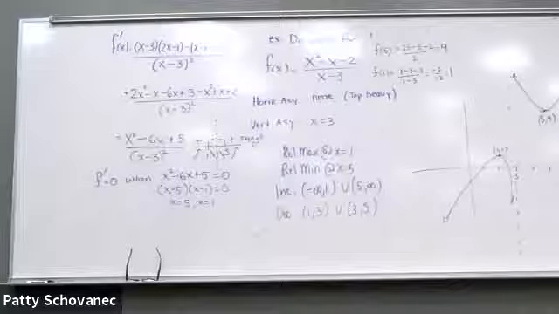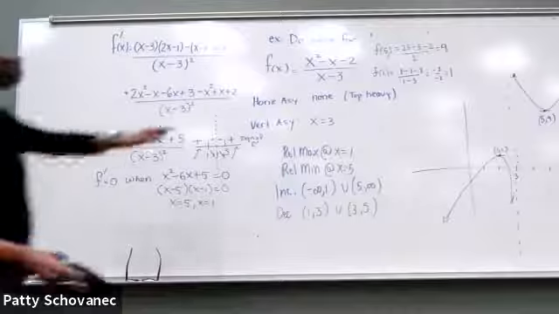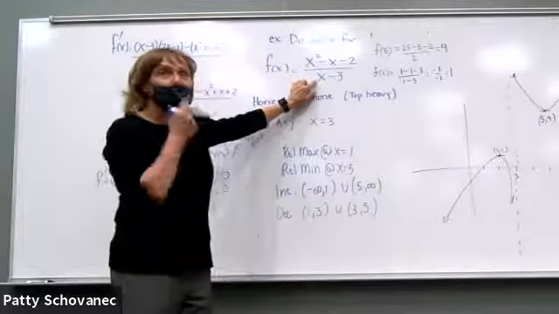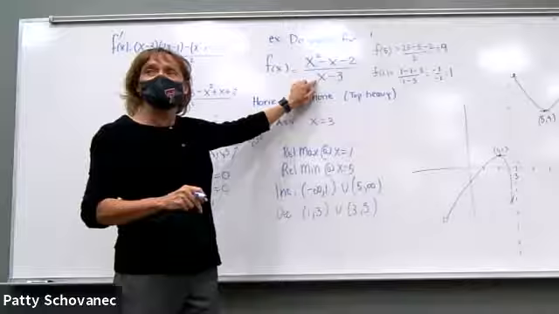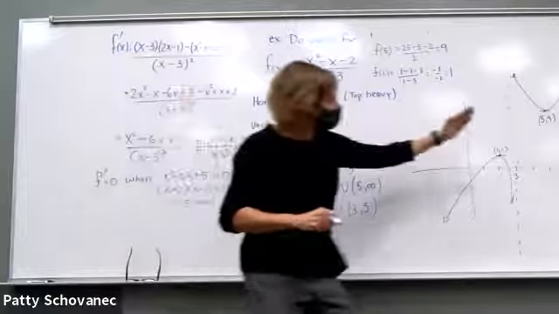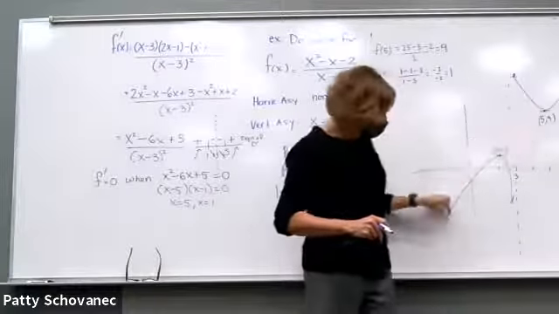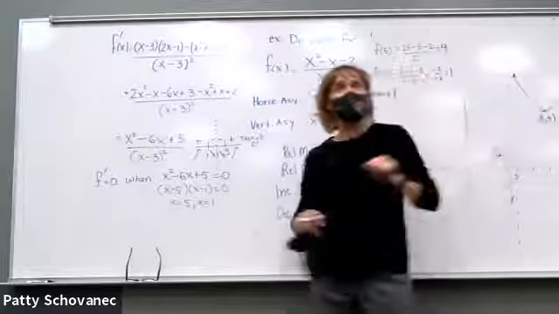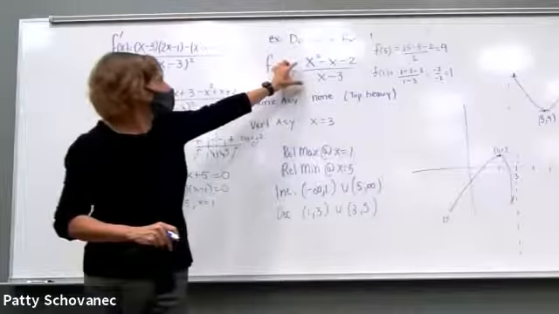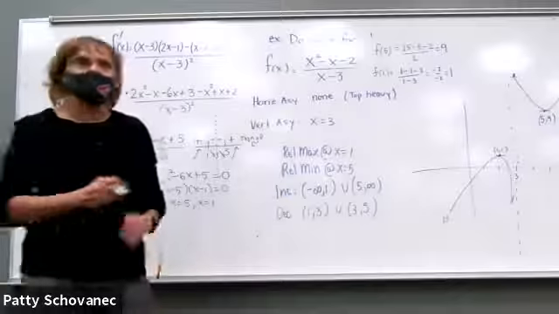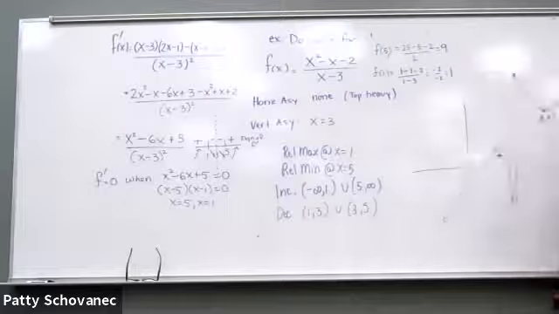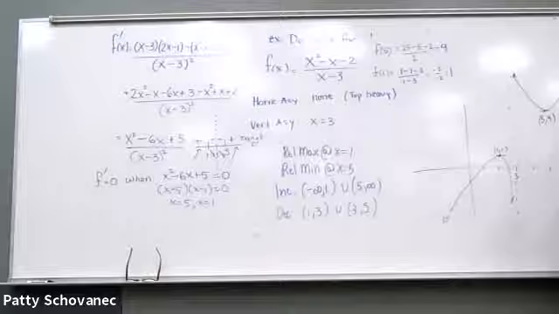One more little interesting tidbit. When the degree on the top is larger than the degree on the bottom, there's something called a slant asymptote. There's a slant asymptote, a diagonal line coming through here that's bounding this end and that end. We find the slant asymptote by long division. When the degree on the top is bigger than the degree on the bottom, there will be a slant asymptote.